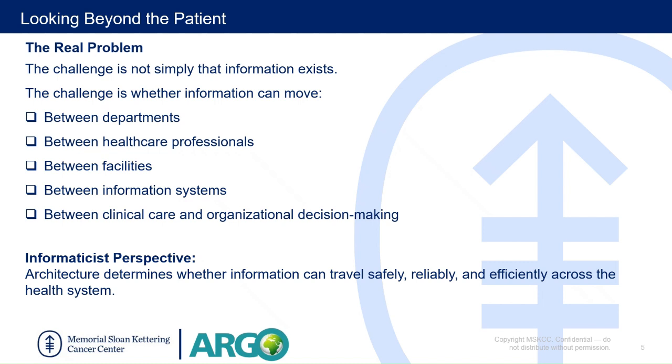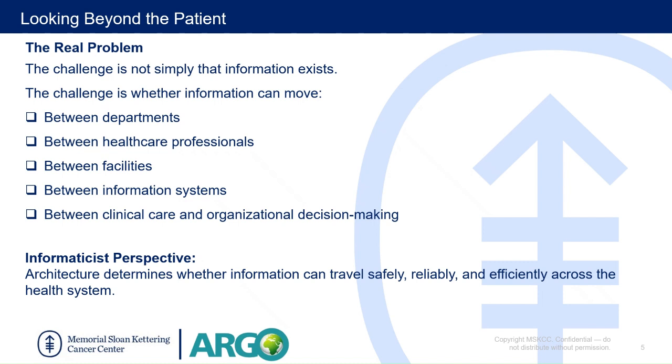Between the clinical care and the organizational decision making executives who need it. Now, when we talk of architecture in digital healthcare, we're talking about that which determines whether the information can travel safely, reliably, and efficiently across the health system.